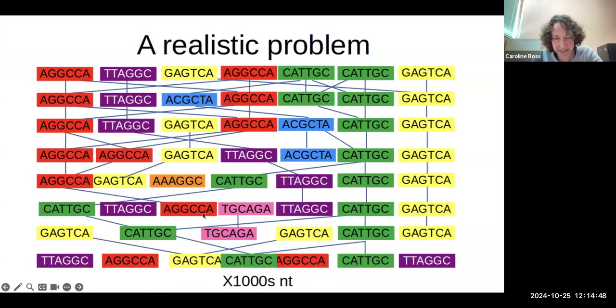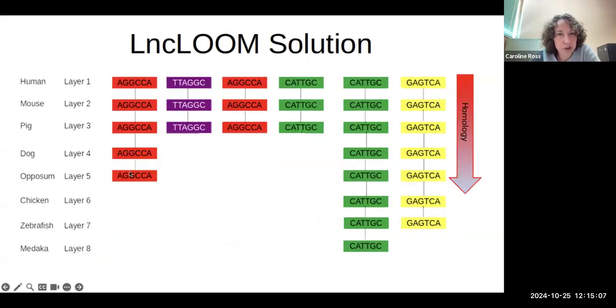Okay, so in reality, it's a little bit more complicated. We're dealing with sequences that are thousands of nucleotides long, so we get thousands of k-mers, and we end up with this massive complex graph with many, many edges. Really, we want to go from something that looks like this to something a little bit more elegant, and this would be our LncLOOM solution.